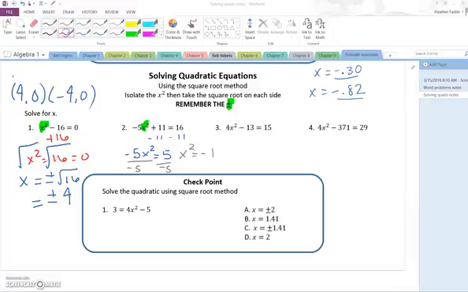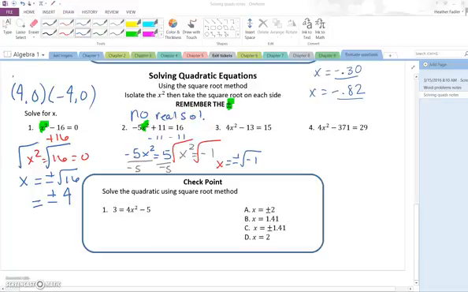Okay, I'm going to take the square root on both sides. So I get just x equals plus and minus the square root of negative 1. Now, can you take the square root of negative 1? No, you cannot. So the answer here is no real solution.